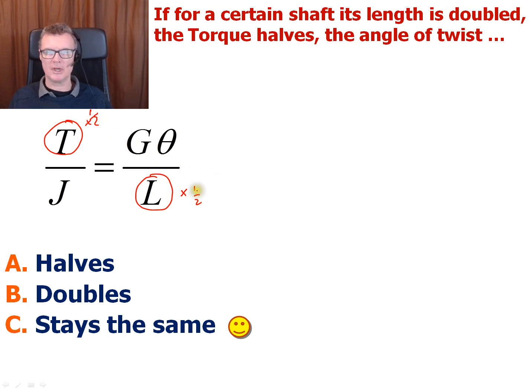Torque halves and the length gets twice as big. So that gets twice as big. When we bring the 2 up onto that side, the half and the 2 will cancel. So therefore, the angle of twist will stay the same, because we're going to assume that the shaft material has obviously stayed the same.